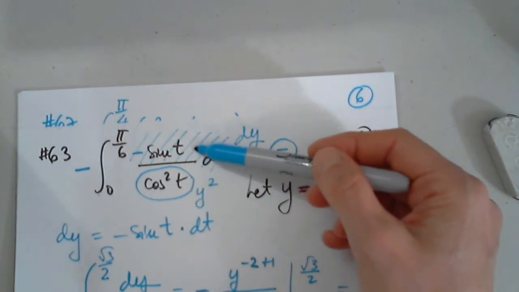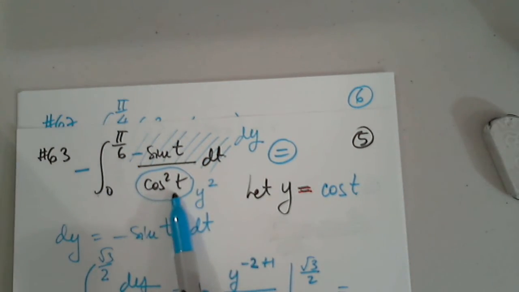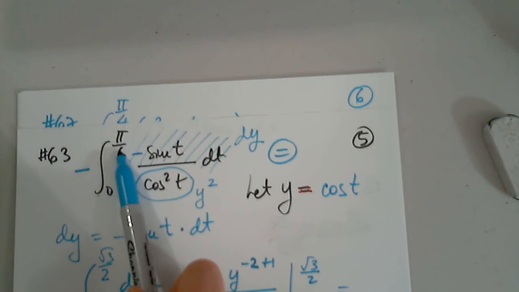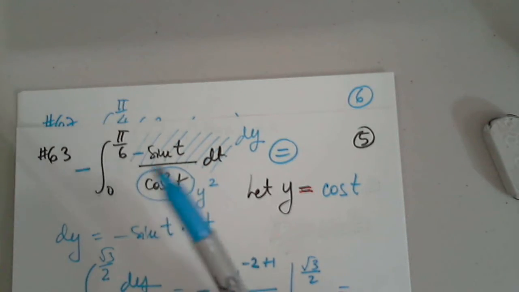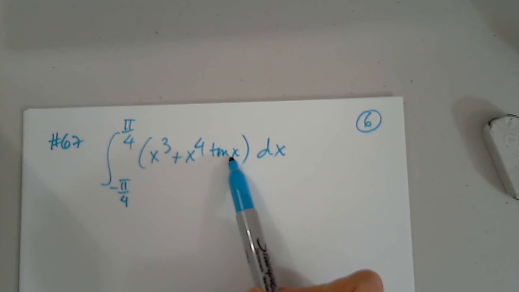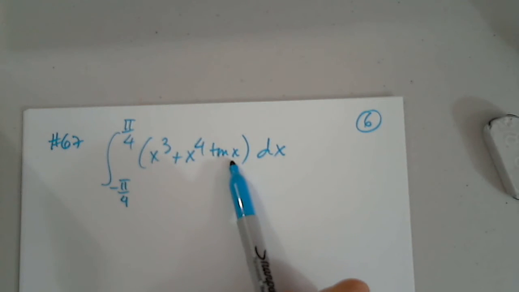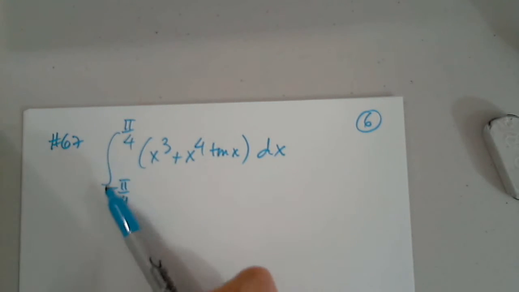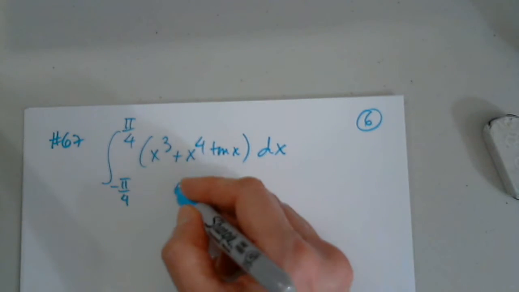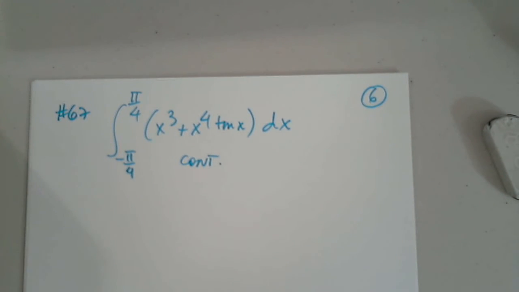The function is continuous between 0 and pi over 6 because cosine is not 0 between 0 and pi over 6. So this will be continuous. Okay. Now, this is continuous between negative pi over 4 and pi over 4. It's not defined at pi over 2 and negative pi over 2, but that's not the issue.